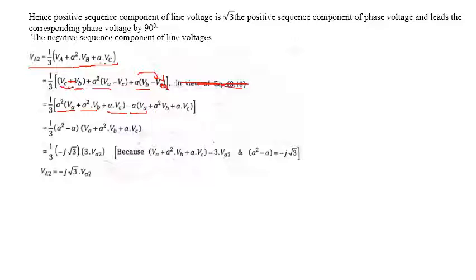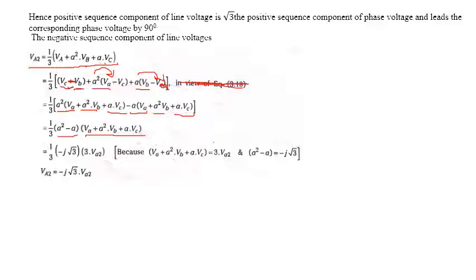The last term is VC, already a square into VC. Multiplying by a, we get a square into VC. Here a square minus a is common, multiplied by the expression a VA plus a square into VB plus a into VC.